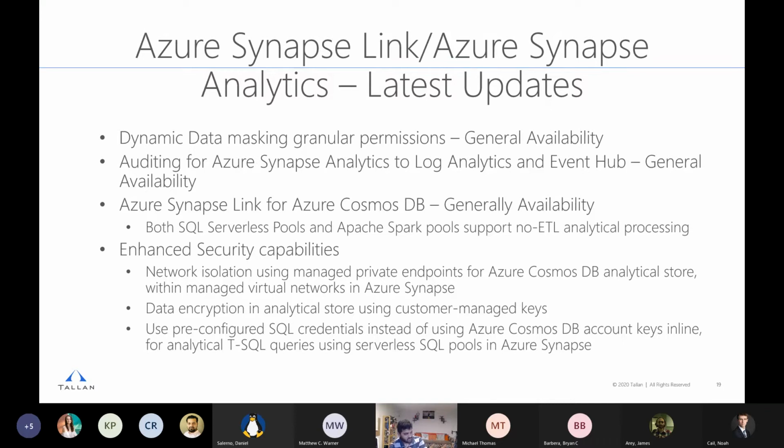And there are SQL auditing capabilities that you can enable on Synapse Analytics. And then this is the piece that we are looking at, where Synapse Link is now generally available. There are also some security updates, where you can isolate the instances of Synapse Analytics and Cosmos DB by setting up virtual networks.